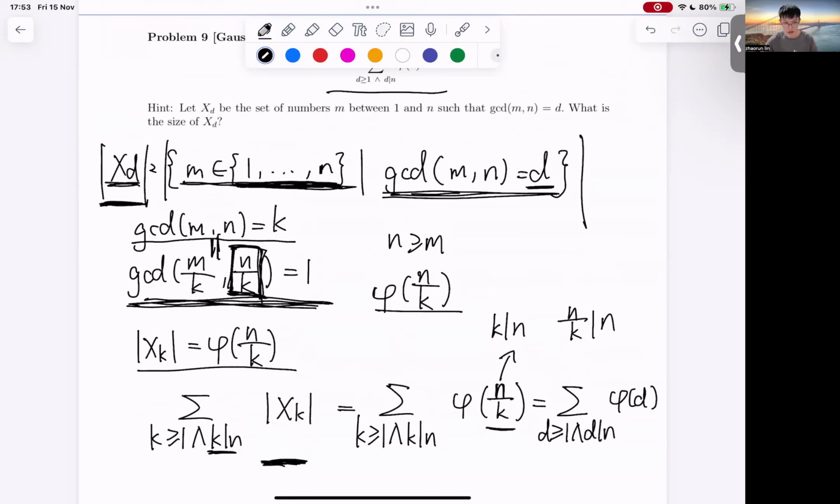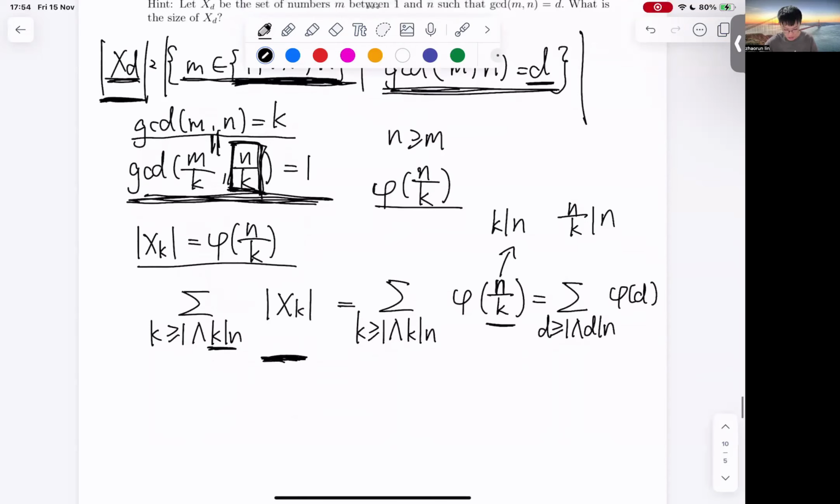Because every element should at least have a GCD with n. So it may be 1 or 2 or k or something, but it must have a GCD with n.